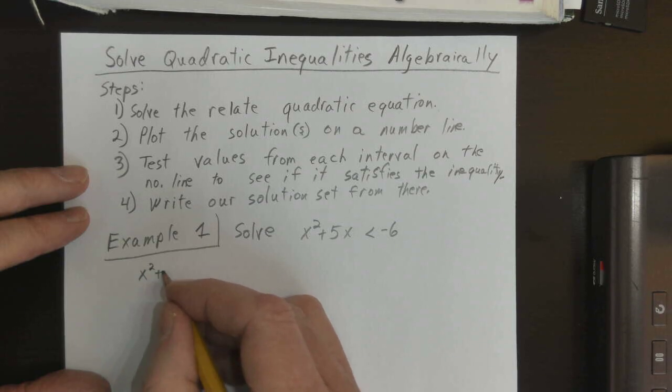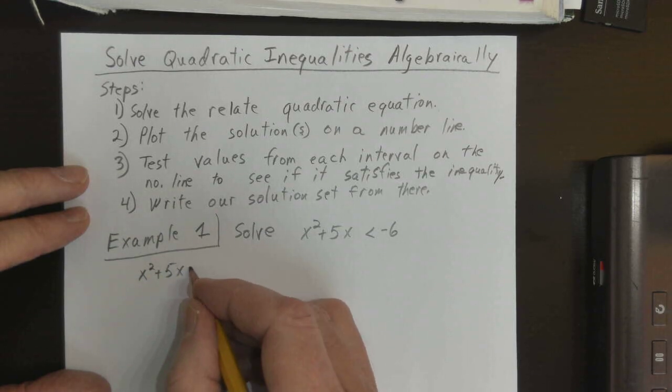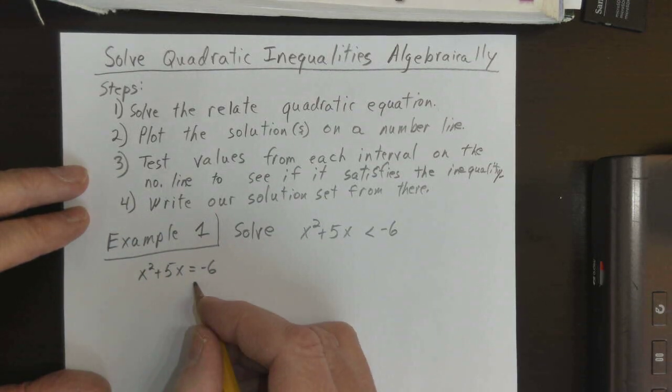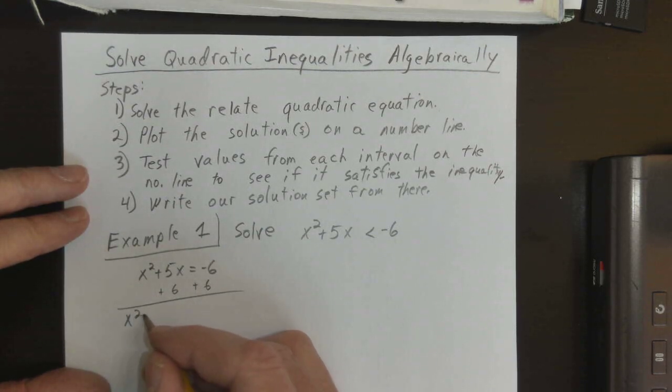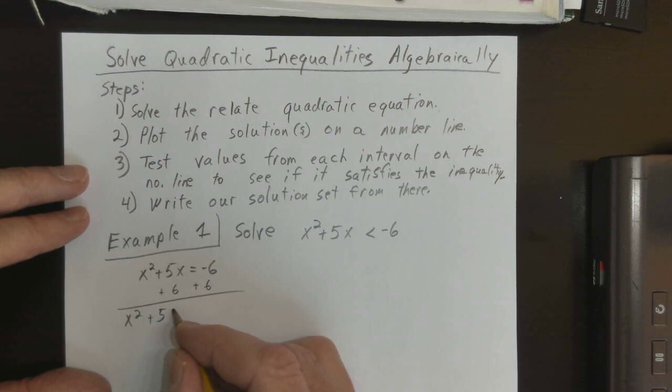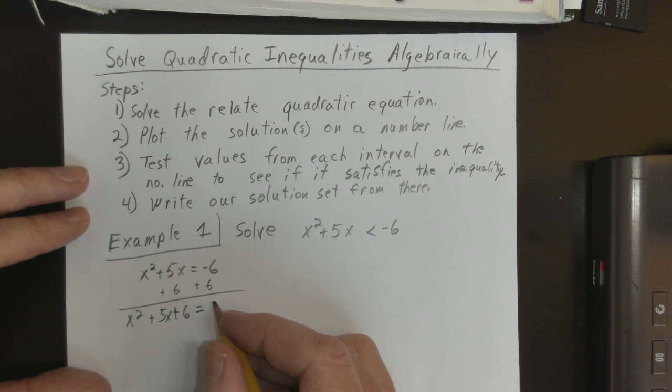We're going to solve x squared plus 5x equals -6. If I'm going to solve this, I'm going to get all the terms on one side and 0 on the other. So x squared plus 5x plus 6 equals 0.